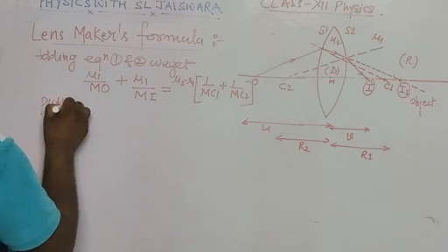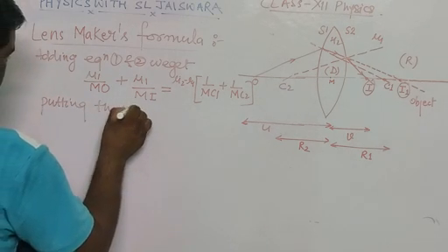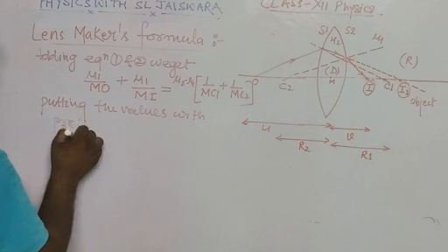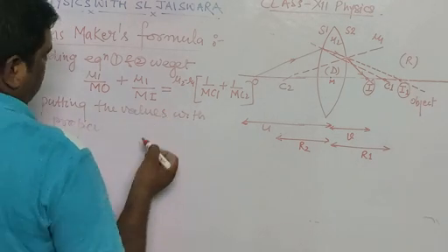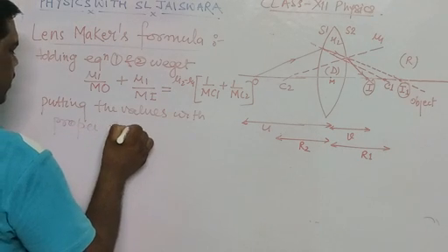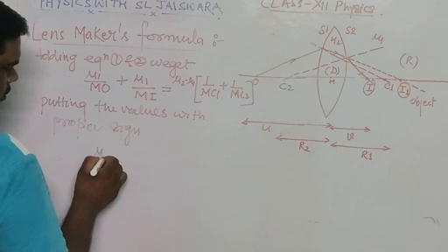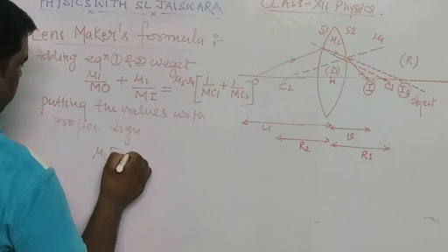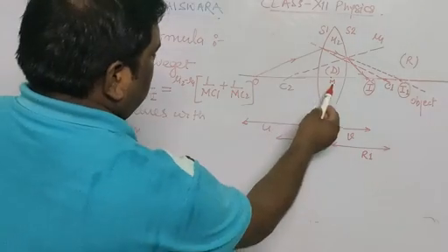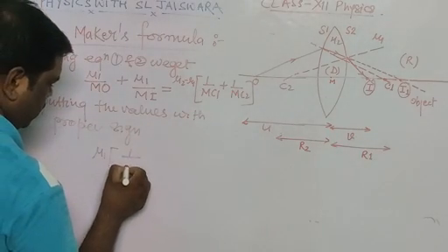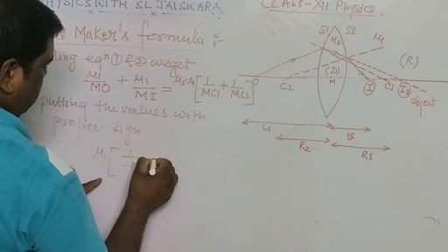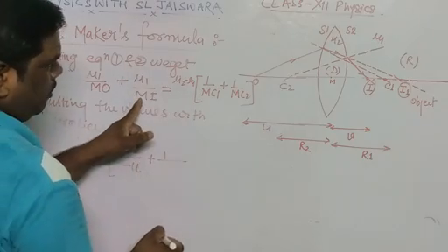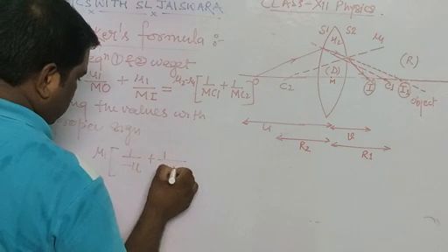Now again putting the values with proper sign. Mu1 we can take as common. Mu1 in bracket 1 upon mo; mo will be minus, so it will be minus u, then plus 1 upon mi, and mi means plus v.